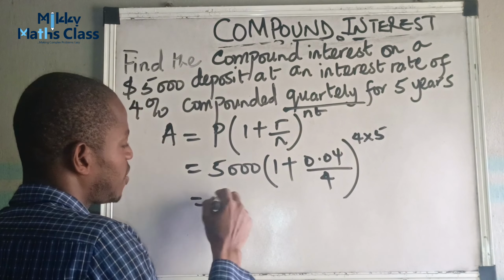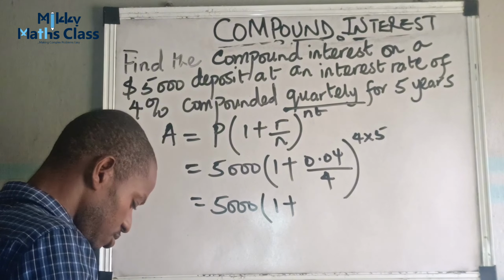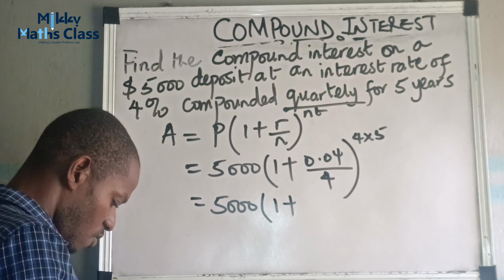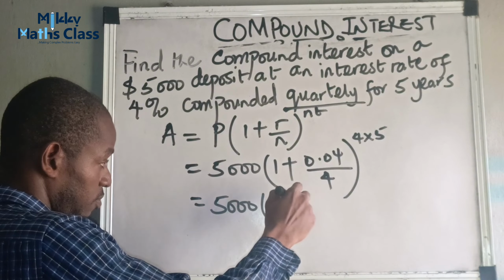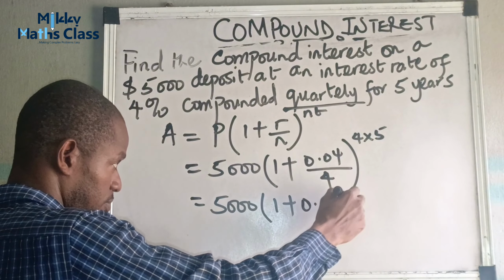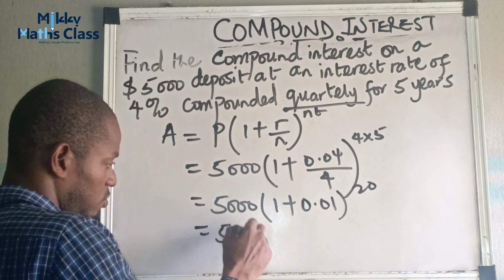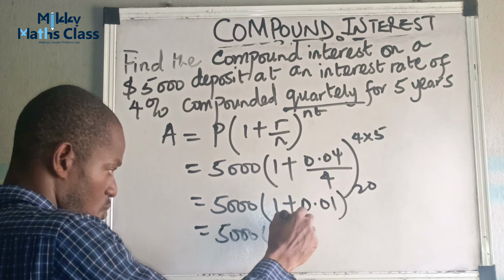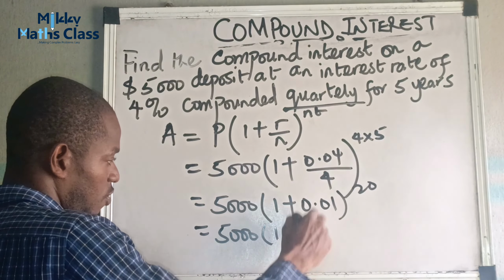So this becomes 5,000 into bracket 1 plus 0.04 over 4. Okay, that's 0.01 raised to the power of 20. So this is 5,000 times 1.01, okay, raised to the power of 20.